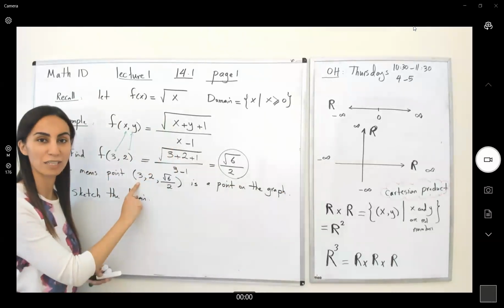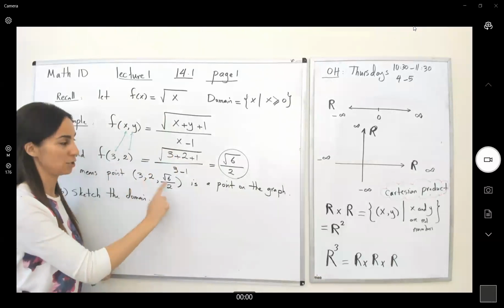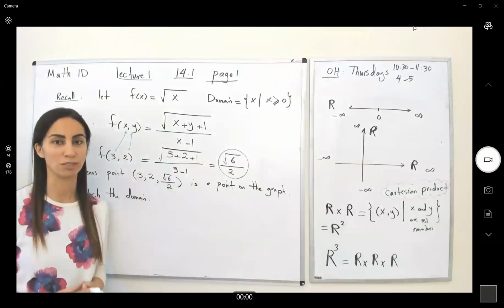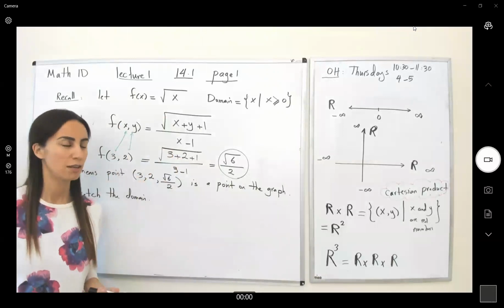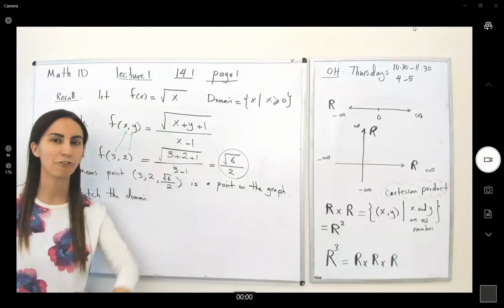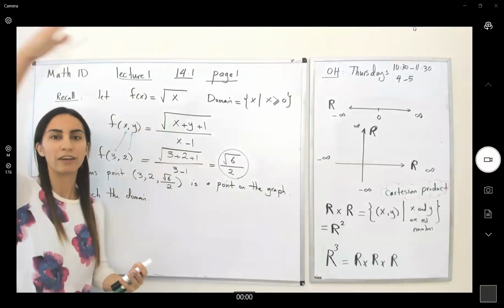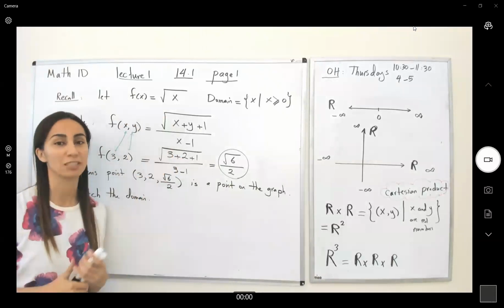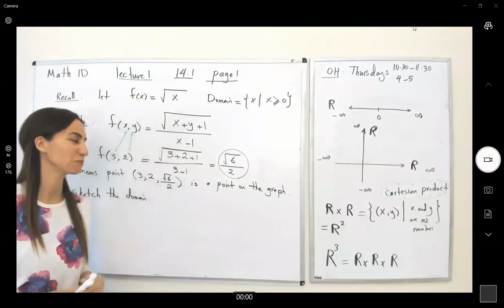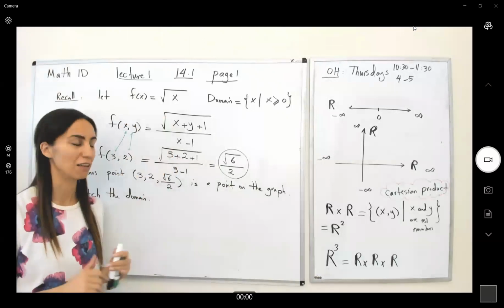You have an x coordinate, a y coordinate, and also a z coordinate. So when it comes to the graph of this function, you get a surface in three-dimensional space. We're going to talk about graphs later.